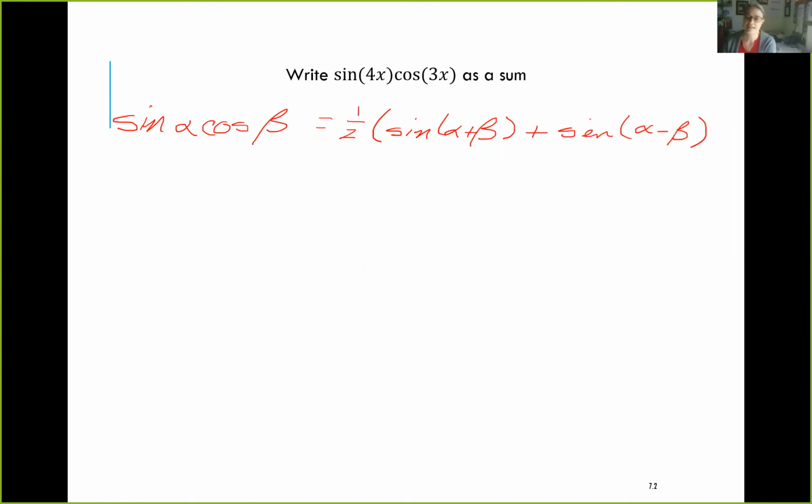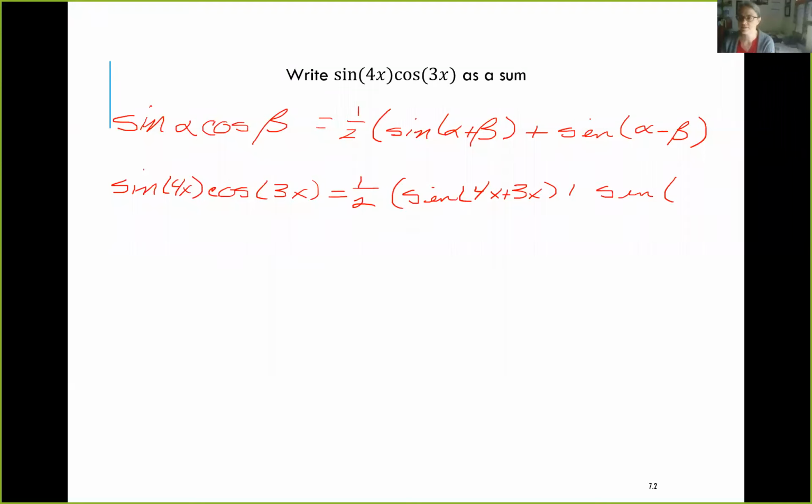So that means that the sine of 4x multiplied by the cosine of 3x is going to equal 1/2 of the sine of 4x plus 3x plus the sine of 4x minus 3x, which is equal to 1/2 of the sine of 7x plus sine x, and we'll distribute and be done.